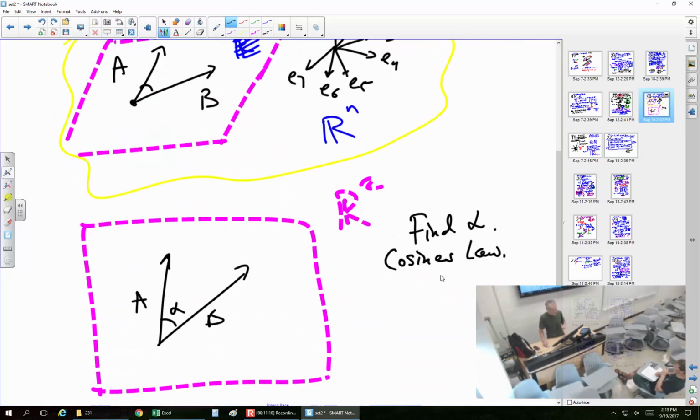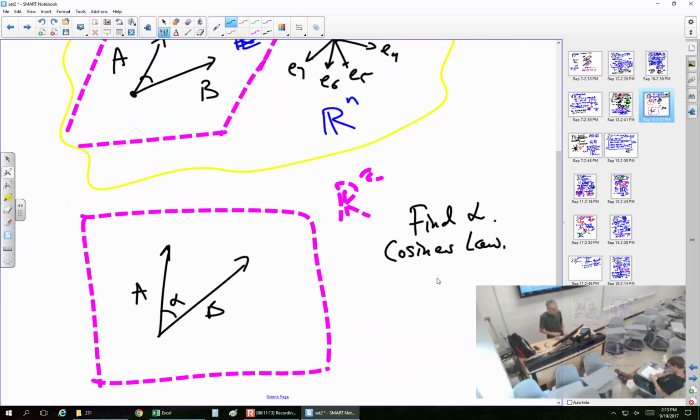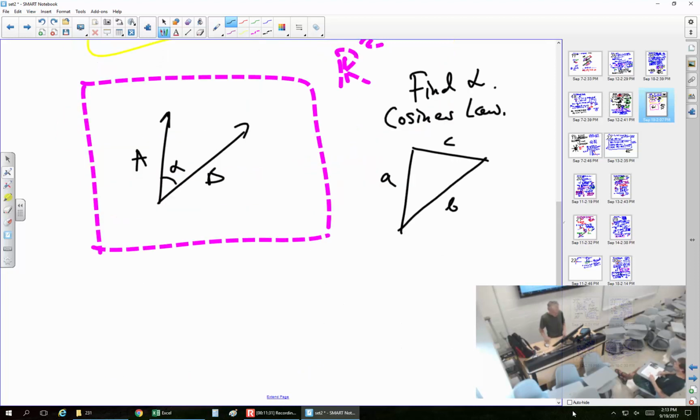So we know the answer is going to be the cosine of that angle, and so we apply the law of cosines, which means simply that I'm going to be looking at a triangle like this. A, B, and C, and the law of cosines says that C squared is equal to A squared plus B squared minus 2AB cosine alpha. That's the law of cosines.